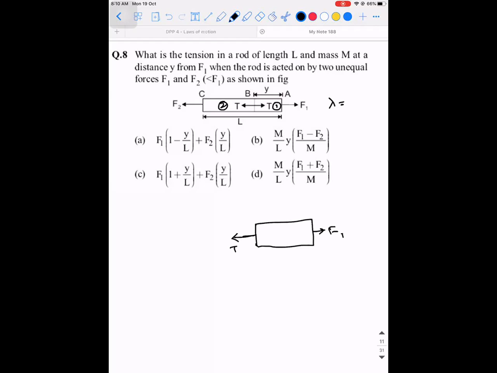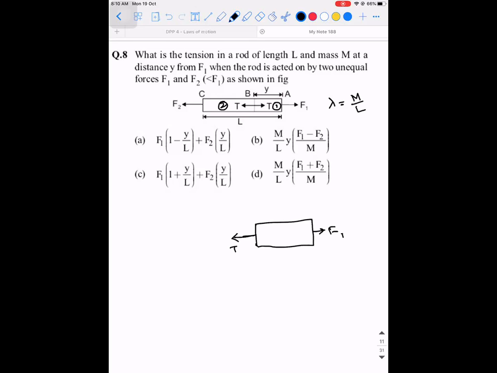The values are given in the question. What is lambda from the question? M by L. So capital M divided by L.